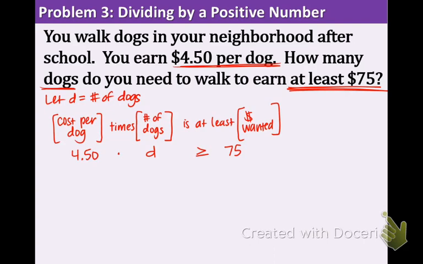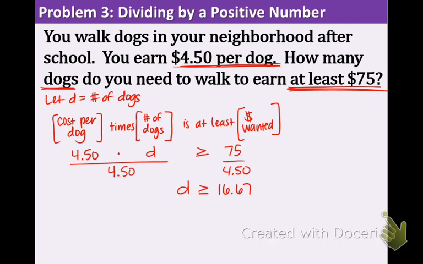Now, in order to get the D by itself, we're going to divide both sides by 4.50. D is greater than or equal to 16.67. Now take a look at that. Does that make sense for your answer? Can you walk 16.67 dogs? I don't think so. The number of dogs must be a whole number.